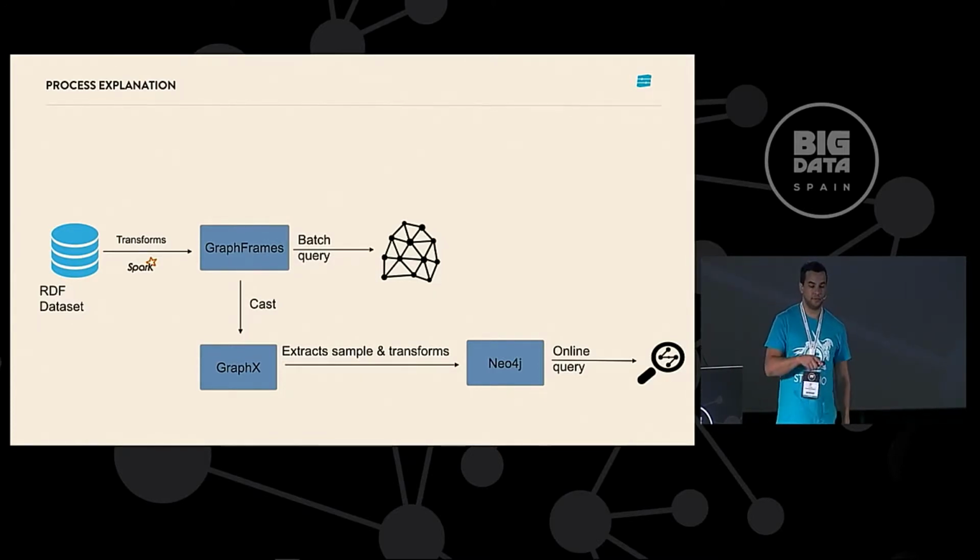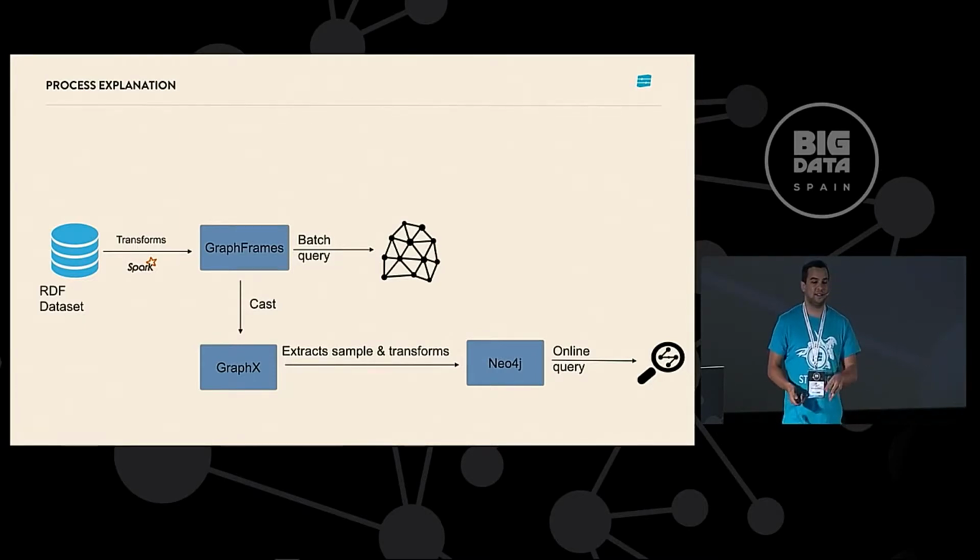Following the graph, thanks to GraphFrames, we will be able to create these massive batch queries. And at the point of GraphX, now we are able to extract, for example, and this is an example for this talk, a small sample of this graph, and we have transformed it into a Neo4j data source.